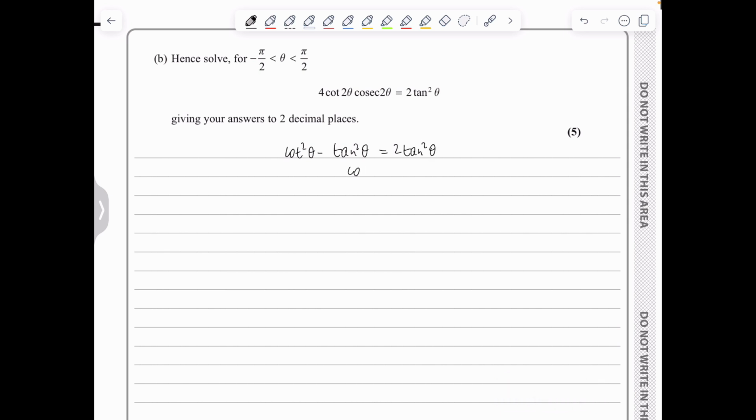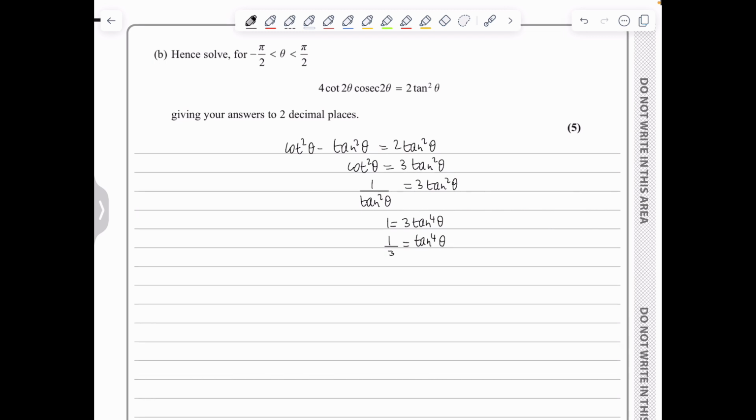This means that cot squared theta is equal to 3 tan squared theta, and I will write cot squared theta as 1 over tan squared theta, and this is equal to 3 tan squared theta. If I cross multiply, I get 1 is 3 tan to the power of 4 theta, and therefore 1 over 3 is equal to tan to the power of 4 theta, which means that tan theta is either the fourth root of 1 over 3 or the negative fourth root of 1 over 3.